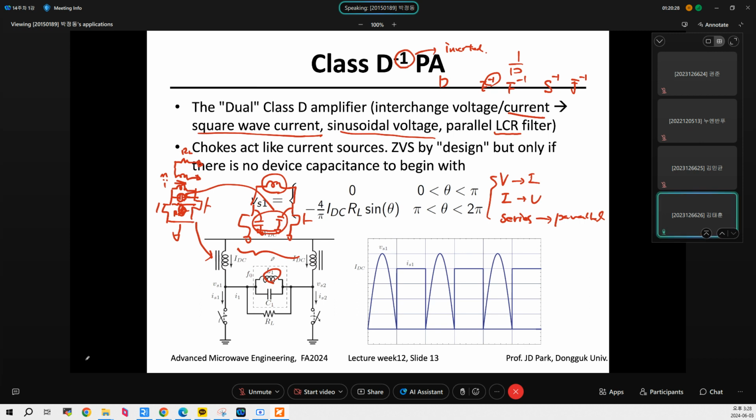So how about square wave current? It's very natural. Why? Because as you can see, between these two differential pair, if you take a look at the voltage over here, this voltage is what?